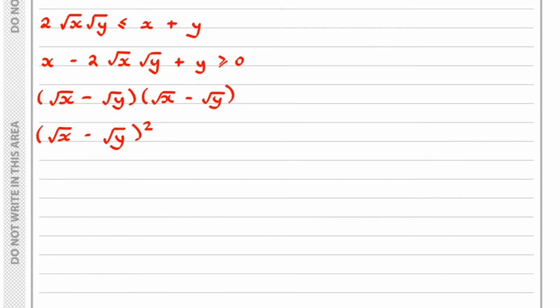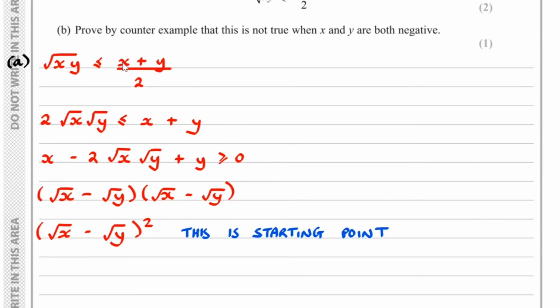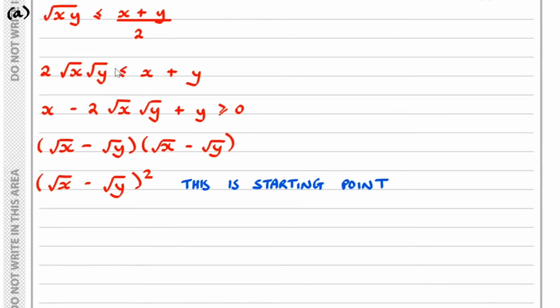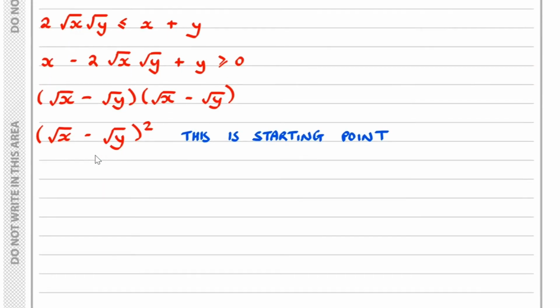The line here is our starting point. We will start here and work backwards to get to this stage here. And the reason this will work is because each line is equivalent.